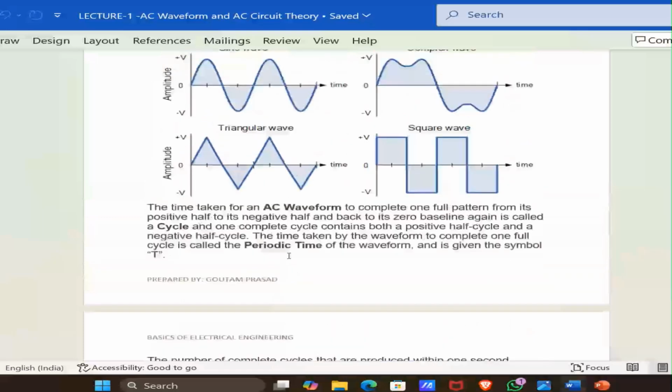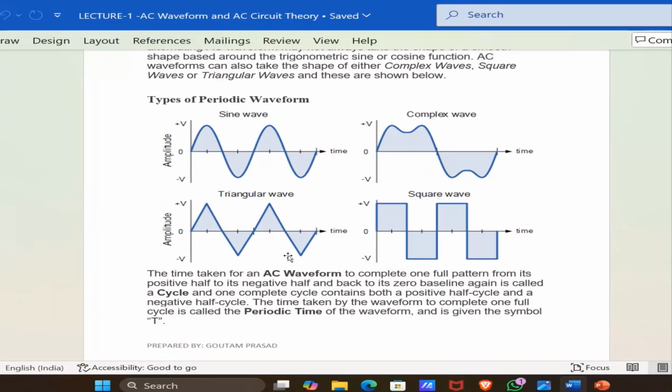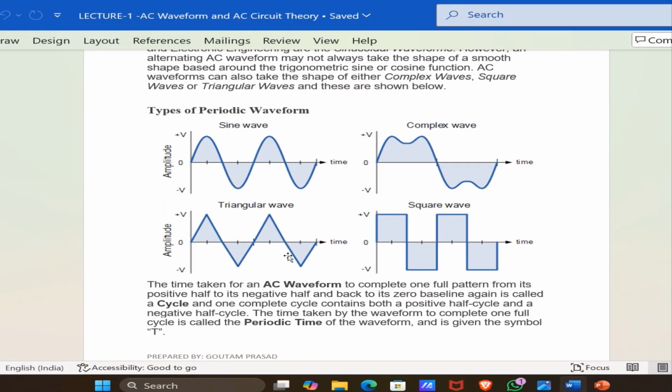Now they all have got the frequency. That means how many cycles they are completing in 1 second. That is called frequency. So here, in the Indian scenario, we have got the frequency of 50 hertz. That means 50 complete cycles your wave is completing, right?